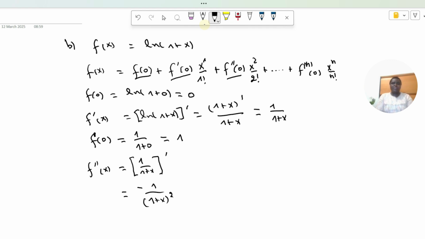Then we compute the second derivative in 0, and this will be equal to minus 1 over 1 plus 0 squared, so this will be equal to minus 1.